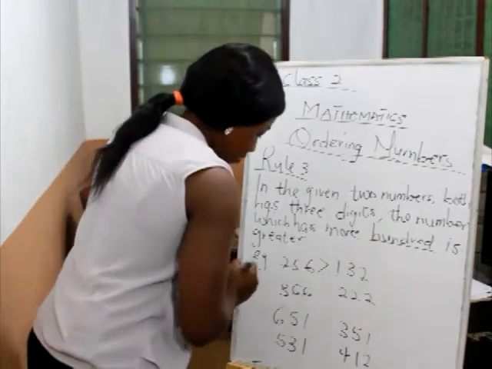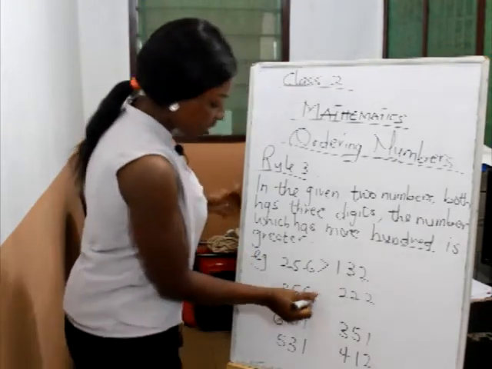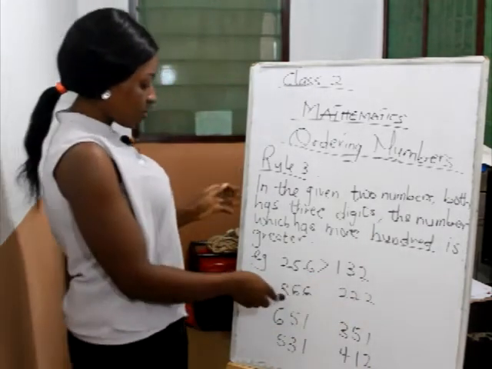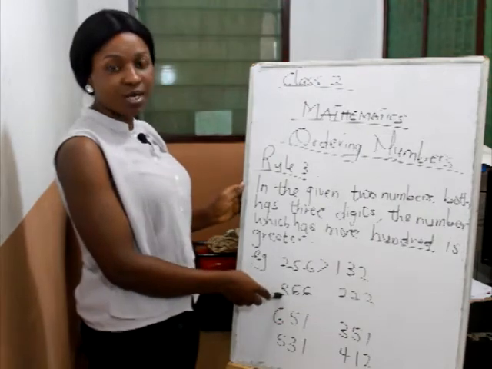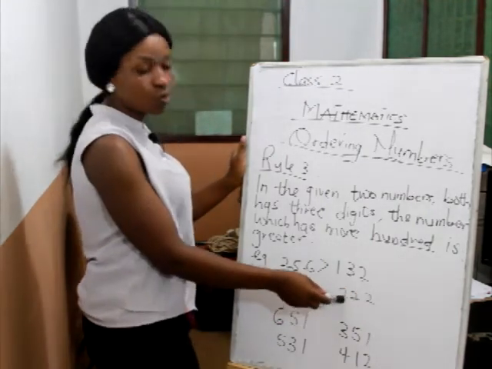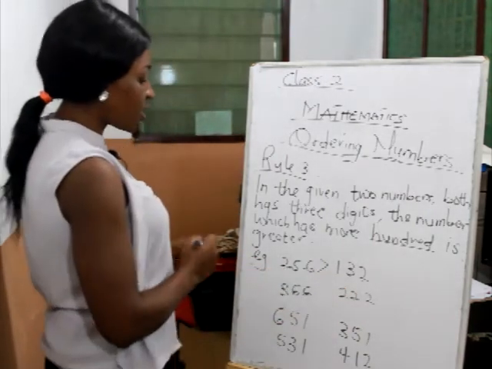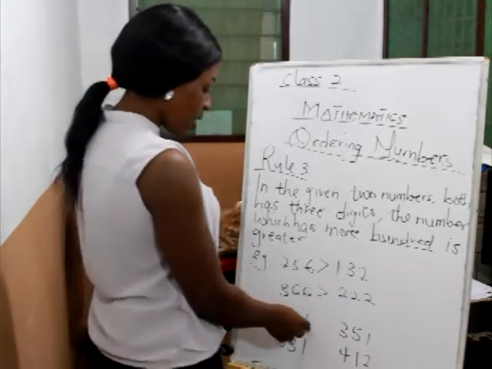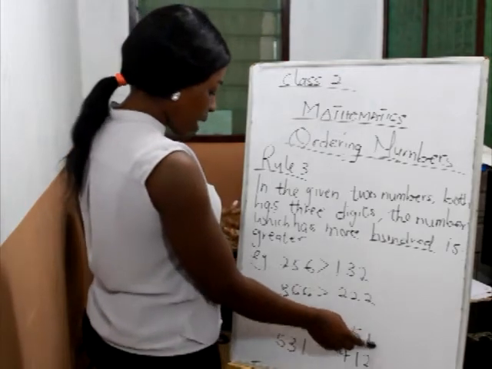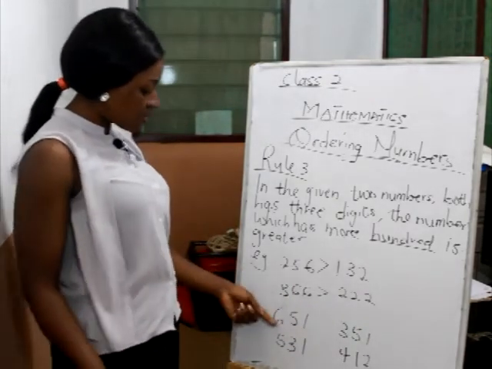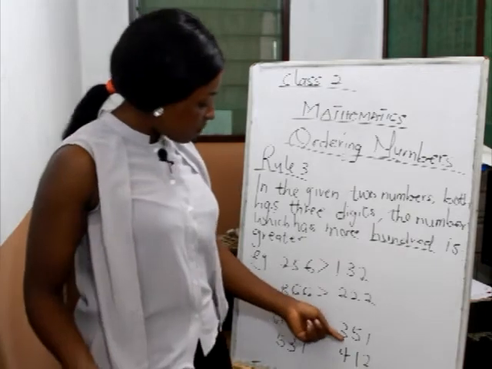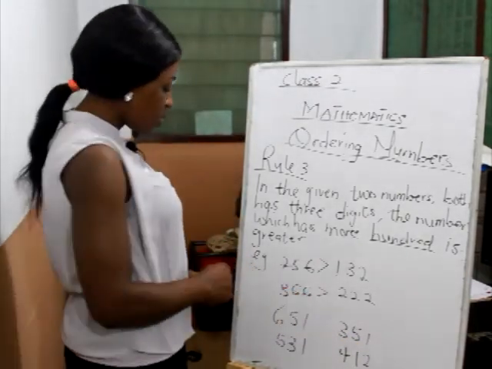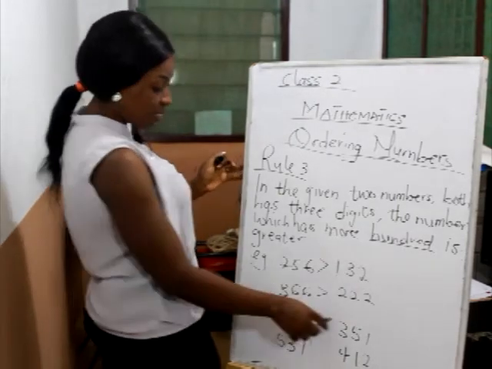Second question, 366 and 222. 366 has 300s and 222 has only 200s. So 366 is greater than 222. 651 and 351. So 651 has 600s and 351 has 300. So 651 is greater than 351.